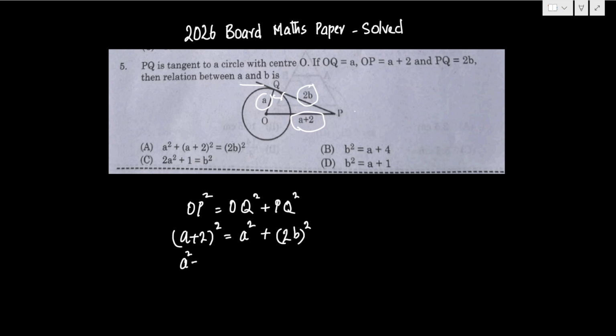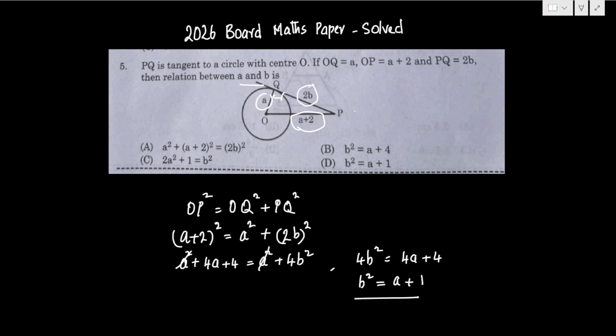Simplifying it, A square plus 4A plus 4 equals A square plus 4B square. This and this will go away. So I get 4B square equals 4A plus 4, and you divide it by 4, you get B square is equal to A plus 1. B square is equal to A plus 1 is option D, the correct answer.